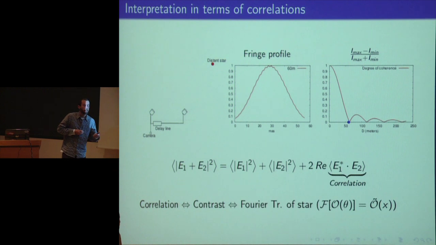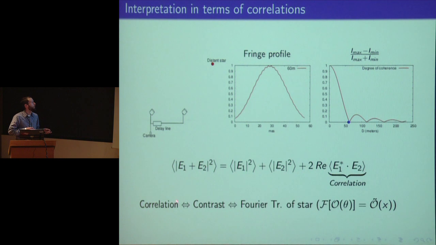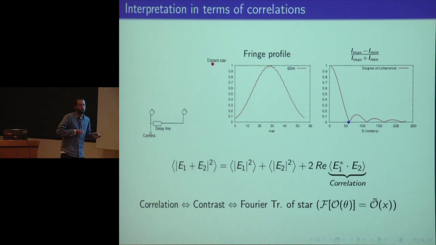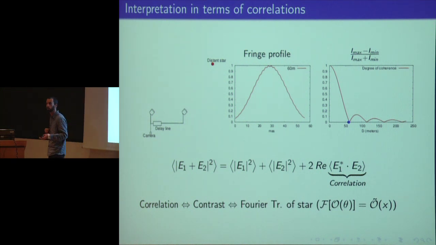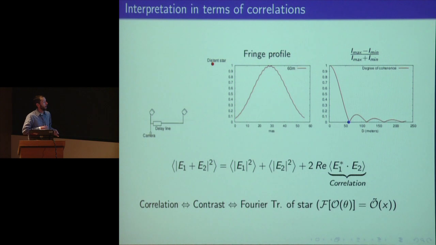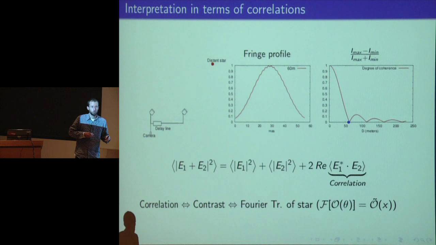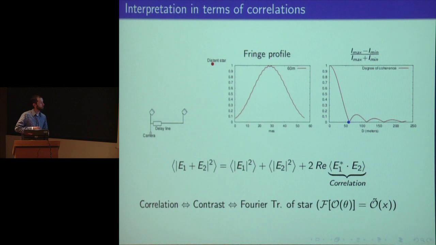So the conclusion of this slide is that measuring correlations between the light received at two different apertures is equivalent to measuring fringe contrast. And you may have noticed that the fringe contrast follows precisely the Fourier transform of the irradiance distribution of the object in the sky. So I didn't prove this rigorously, but it has been done. I prefer to show a slide with an example than a slide full of mathematical demonstrations.